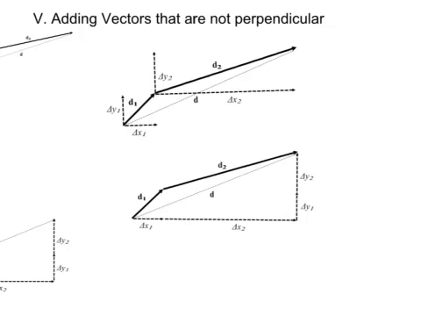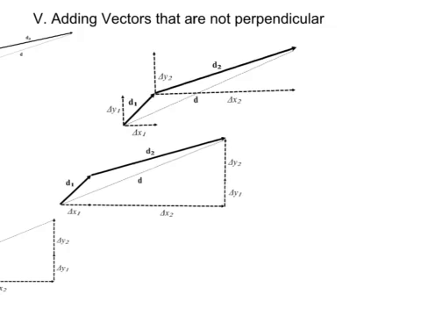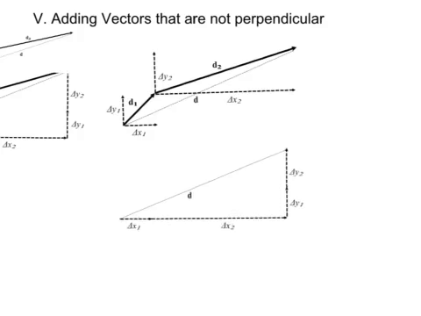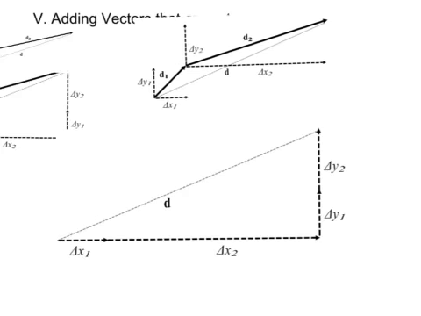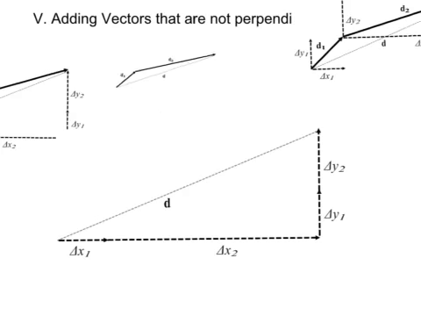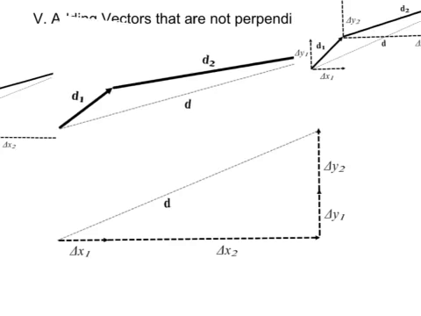And delta Y1 and delta Y2 are moved over here so that they are at the tip of our X components, giving us our right triangle here from which we can find our resultant displacement. Okay, so this is what we end up with from this original diagram here.